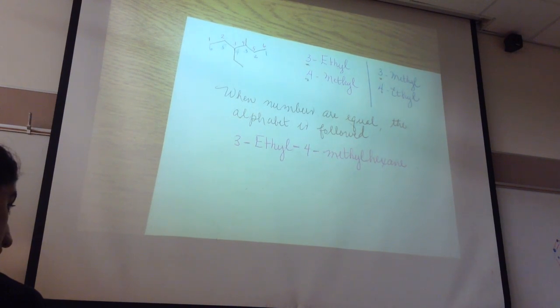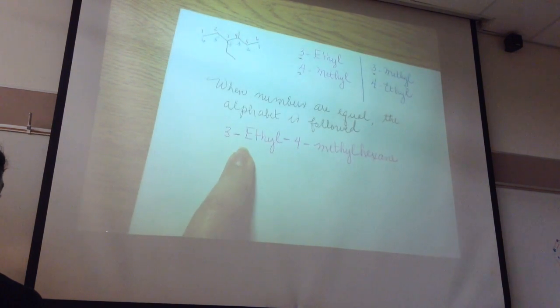Capitalizing, does it matter? Actually, I see my names like proper names, so when I'm just referring to the compound, I use it like English, right? So if I'm starting the sentence in a lab book, 3-ethyl, 4-methylhexane is used in the preparation of, then I have it in a capital letter. But if I said I am going to use 3-ethyl, then I have it lowercase. So I really treat the nomenclature like you would do a proper name in your English.